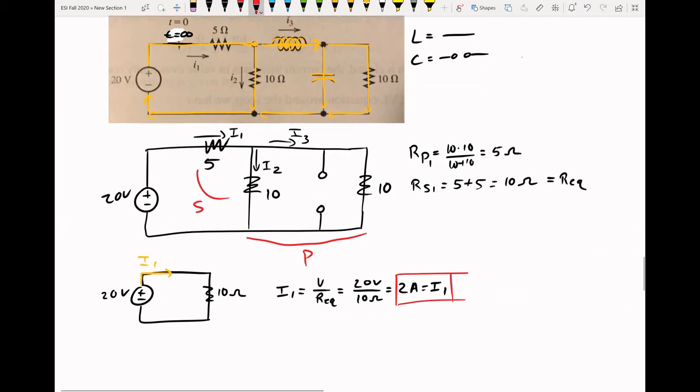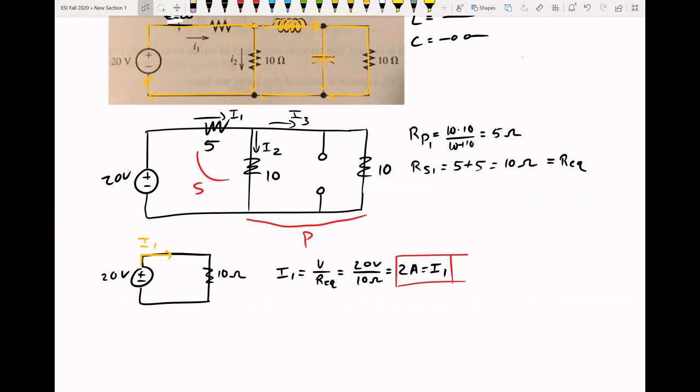All right, so that's the first one. Next, we need to figure out what I2 and I3 are. We know that 2 amps comes in this way and breaks off that way and that way, where no current goes down this branch or that branch, it just passes through. That's a clear current division. Luckily, we already found our R parallel.